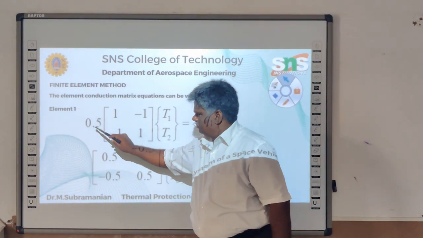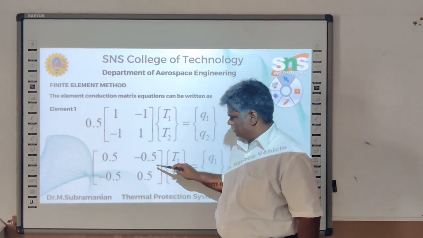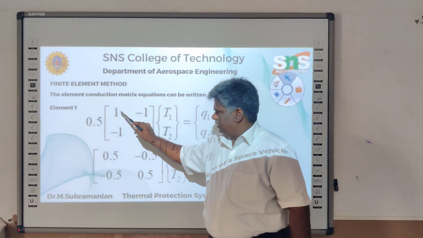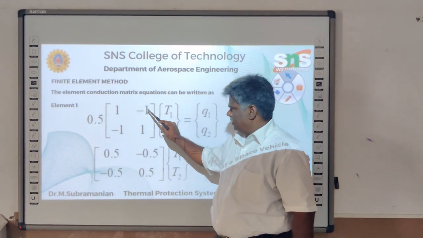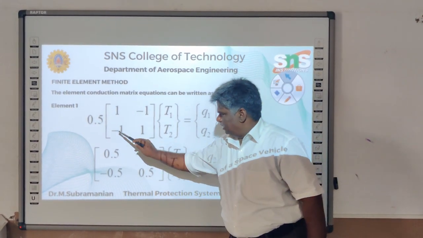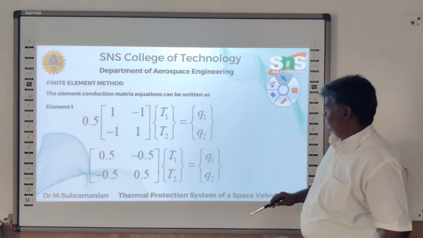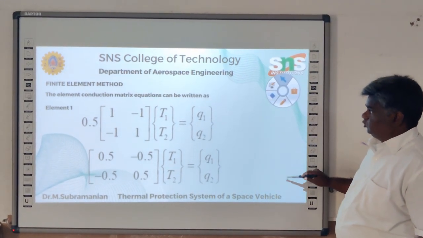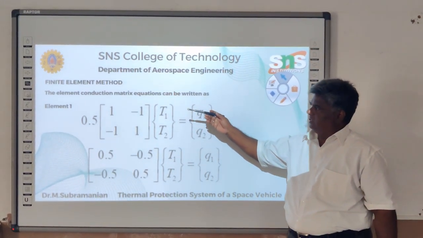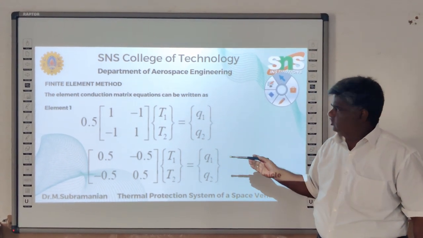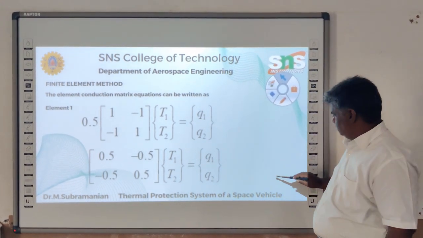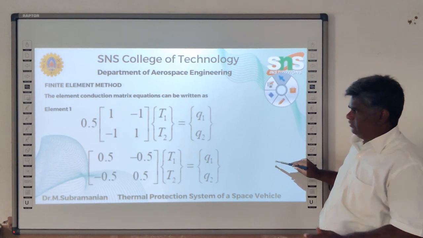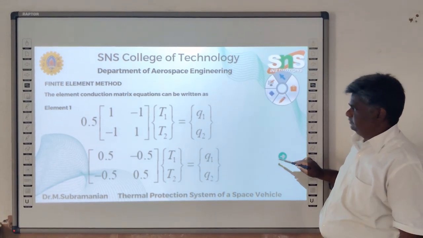Then we put this value inside the 2 by 2 matrix: 0.5 into 1, 0.5 into minus 1, minus 0.5, 0.5. So we have calculated the element conduction matrix equation for element 1. Similarly, we have to calculate for element 2 and element 3.